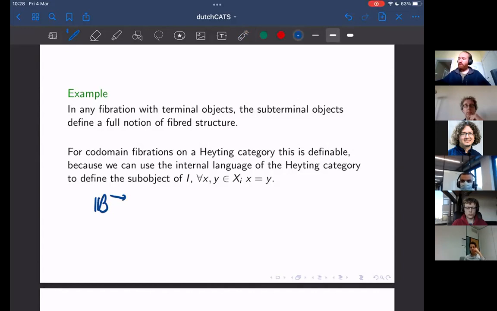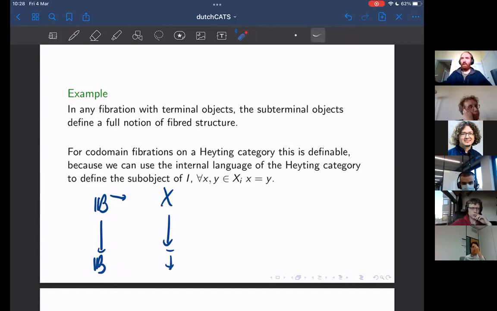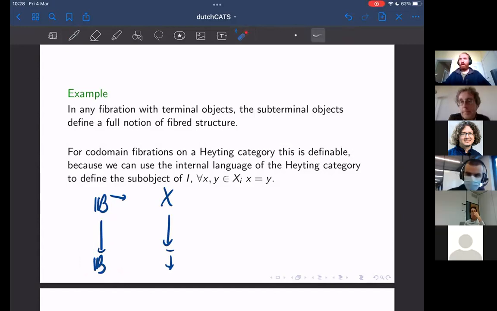With codomain fibrations, we have a category B, maybe a topos or something, which has a nice internal language. The codomain fibration is a way for B to talk about itself, if you like. So if we have I in B, then in the internal language of B, we can think about a family of objects indexed by I just as a map from X to I. In this case the reindexing is given by pullbacks, because that's how the internal logic works.